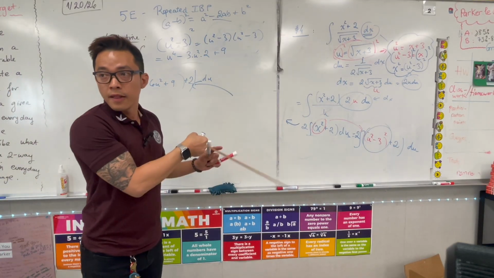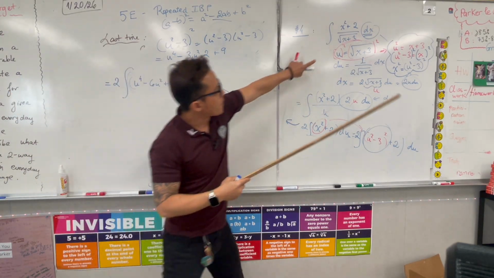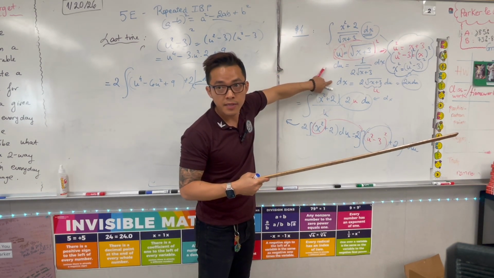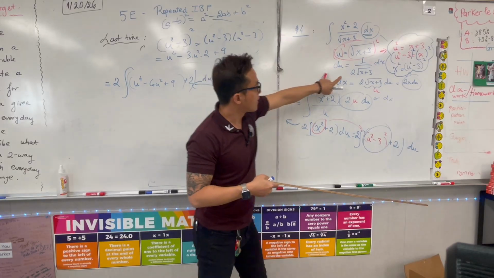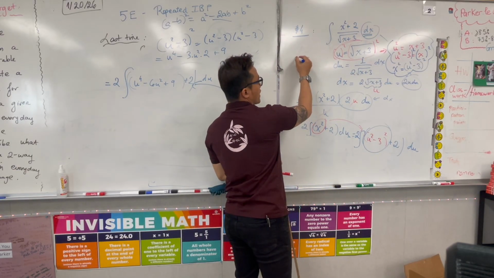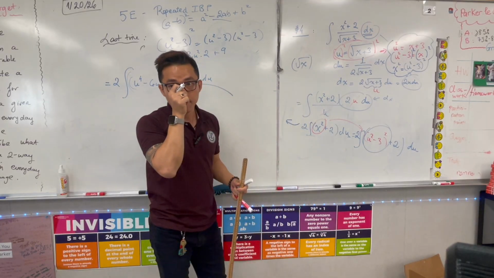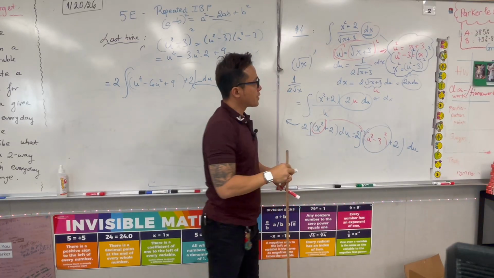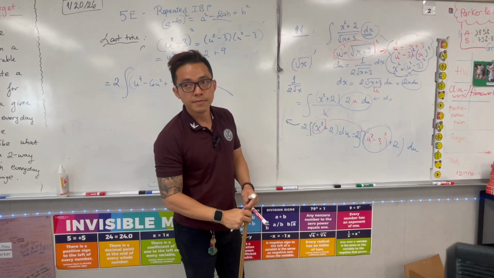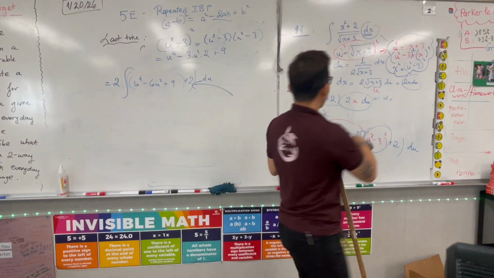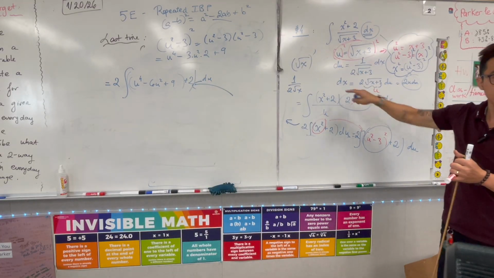How did you make it the other way, from here to here? What is the derivative of square root of x? 1 over 2 square root of x. But how did you make it just 2 square root of x plus 3, or 2u?